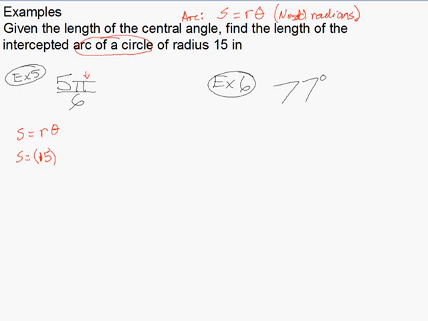How do I know it's 15? Because radius is 15. And remember I told you, you can do this in the calculator and just type in 5 pi divided by 6, written in your calculator looking just like this. And when you plug this in the calculator, you're going to get 39.3.